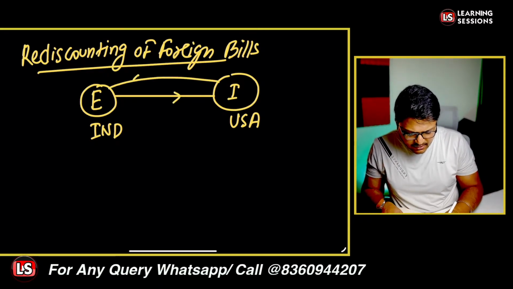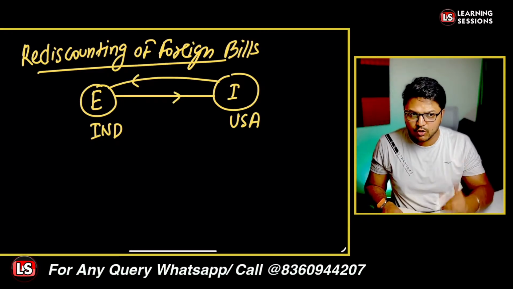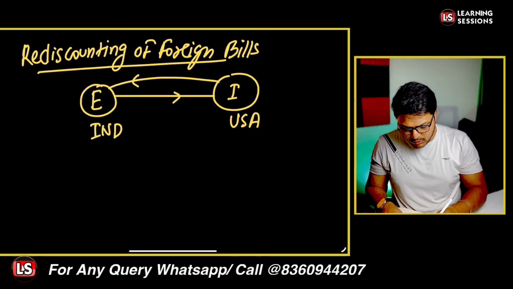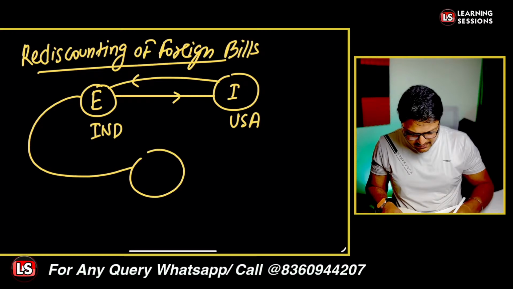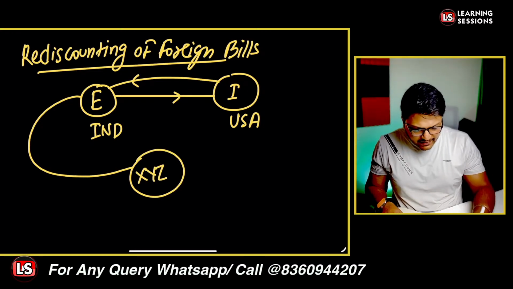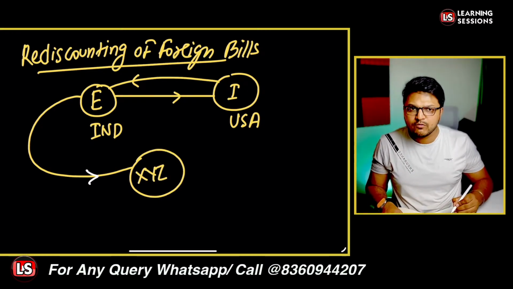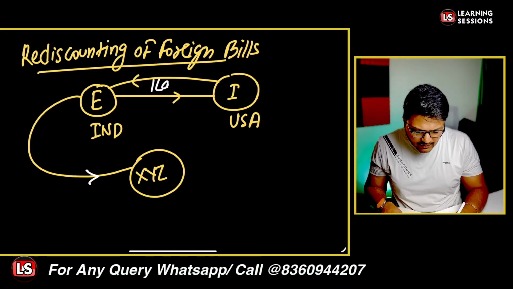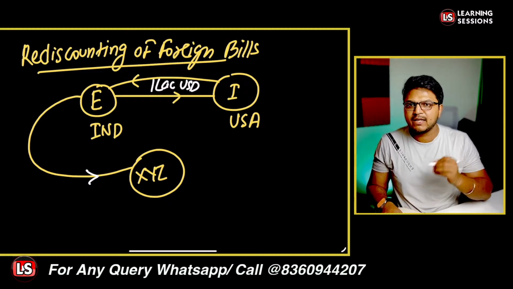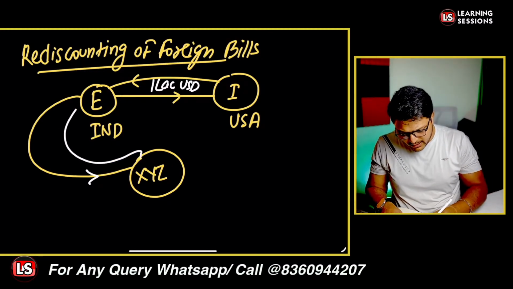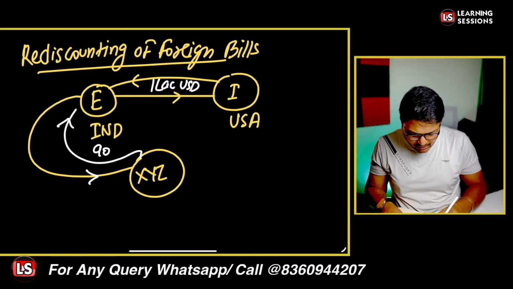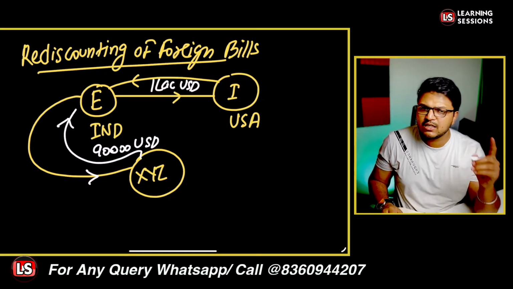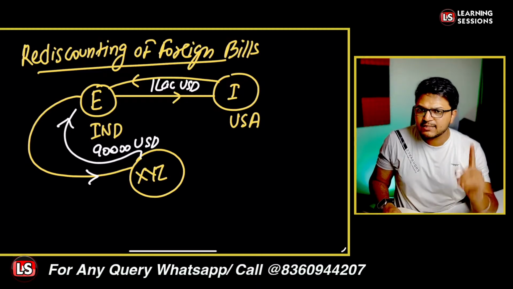Now this bill accepted by I is with the exporter, and the exporter wants liquidity, so the exporter presented this bill to the XYZ bank and got the bill discounted. Let's say the bill amounted to 1 lakh USD. The bank gave liquidity to the exporter of, say, 90,000 USD, because the bill was discounted, and 90,000 USD were given on the spot to the exporter.